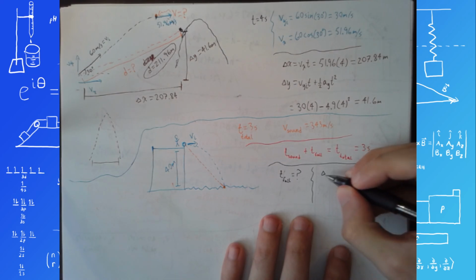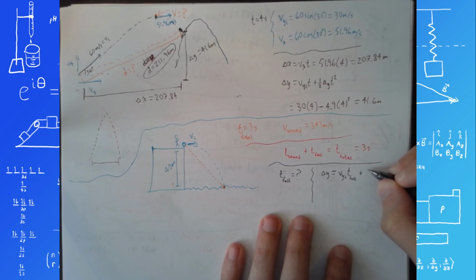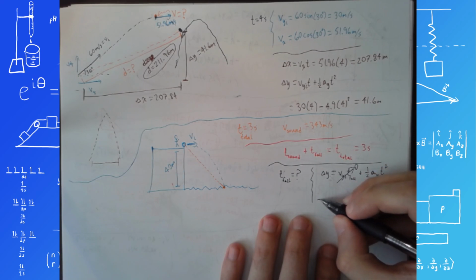So if I do delta y equals Vy initial times t_fall plus 1/2 the acceleration in y times t_fall squared, that should give me what I'm looking for. We know Vy initial is going to be 0, so we don't have to solve a quadratic, thankfully.